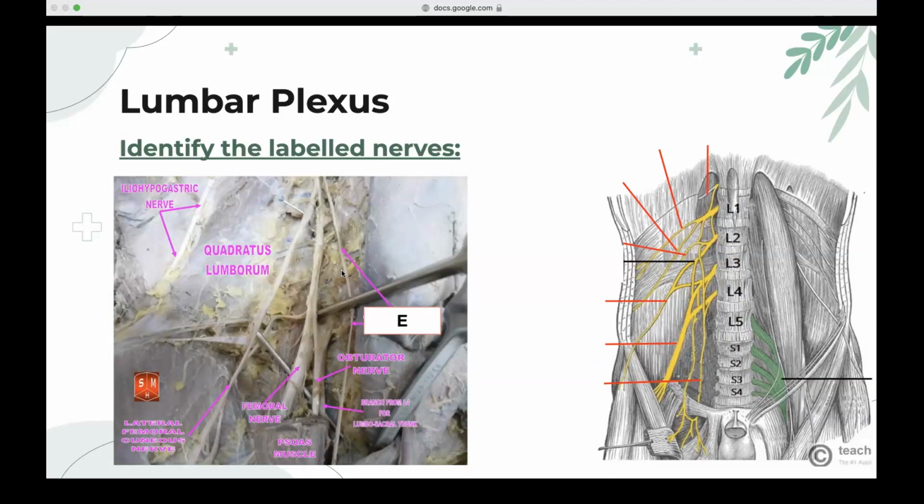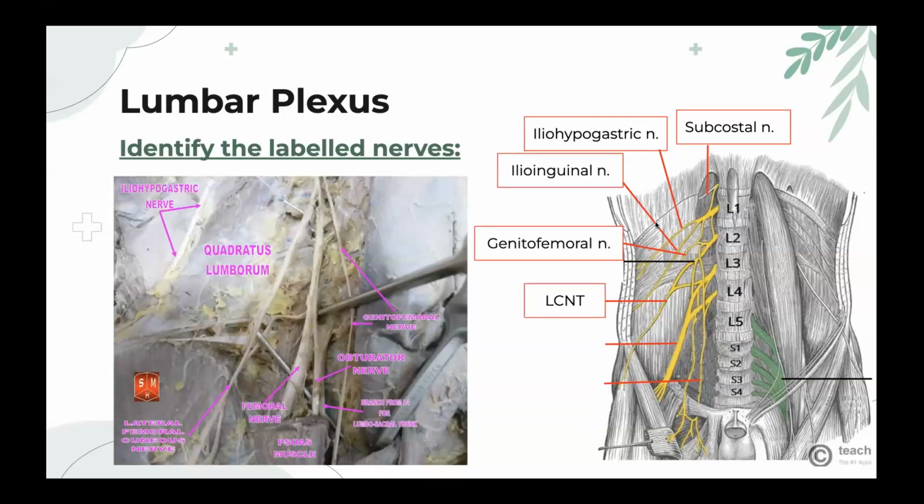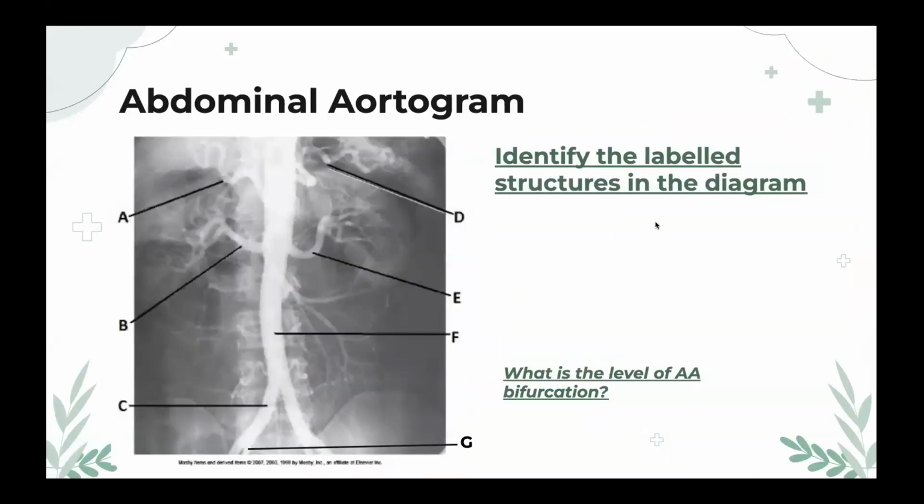It's the genitofemoral, okay? It's long, thin, and more anterior or medial. Here, it's not shown going down; it's just cut in this section. It's this one. Yeah, you can see the labelings again: iliohypogastric, ilioinguinal. These are the exact same ones that we went over, okay?